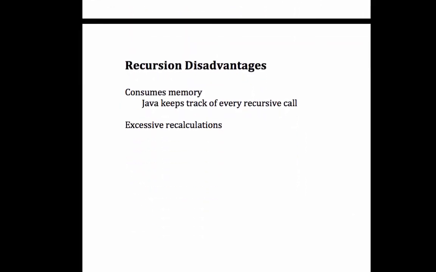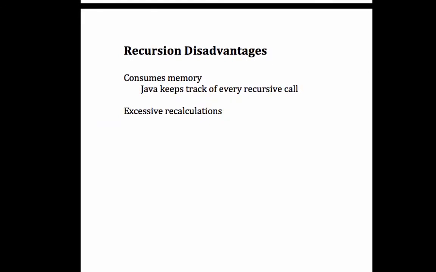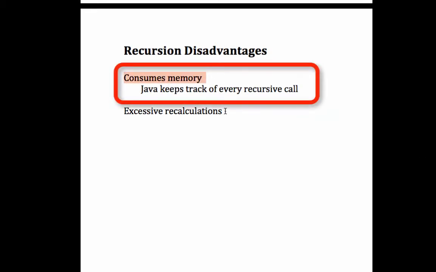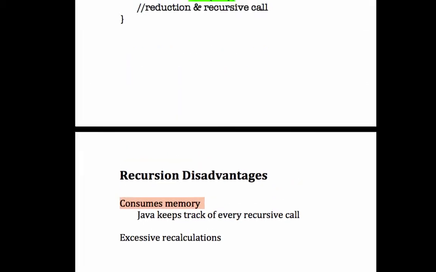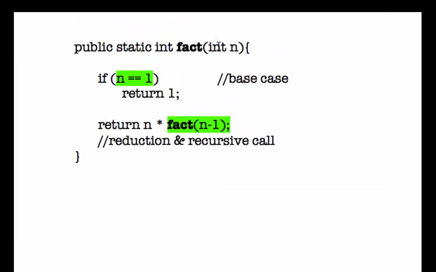Now, not every problem should be solved recursively because recursion has potentially some serious disadvantages. One serious disadvantage is that it consumes memory. What does it mean? Well, let's go back to this code in here. Assume that now n is large enough, like n is 44. That means that you're going to make at least 44 recursive calls.